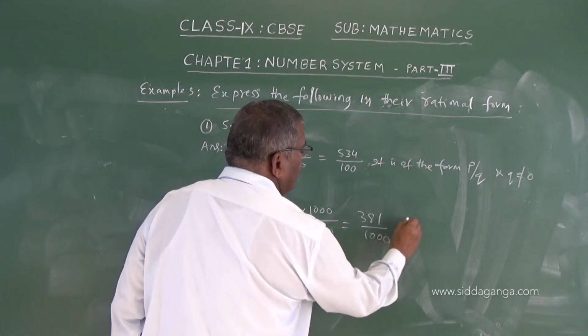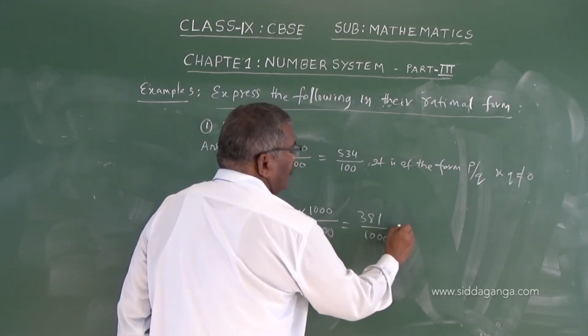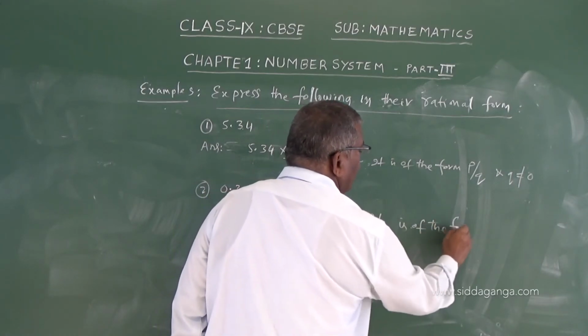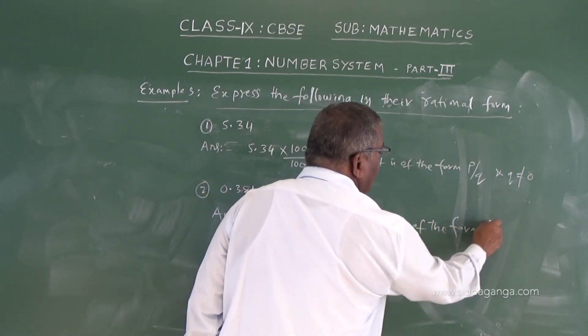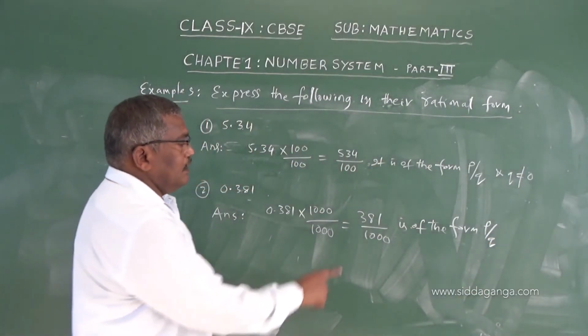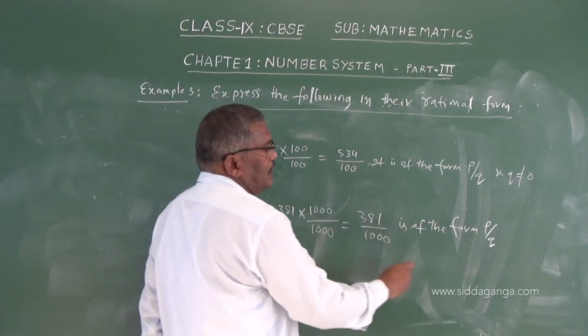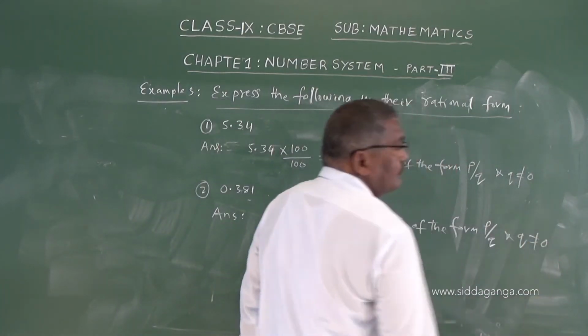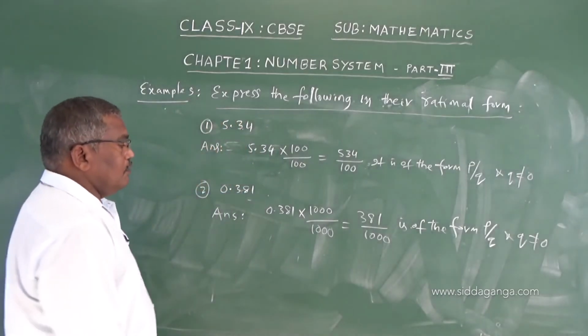Again it is of the form P by Q. One condition is satisfied: P is an integer, Q is an integer, and Q is not equal to 0. So what is the conclusion?